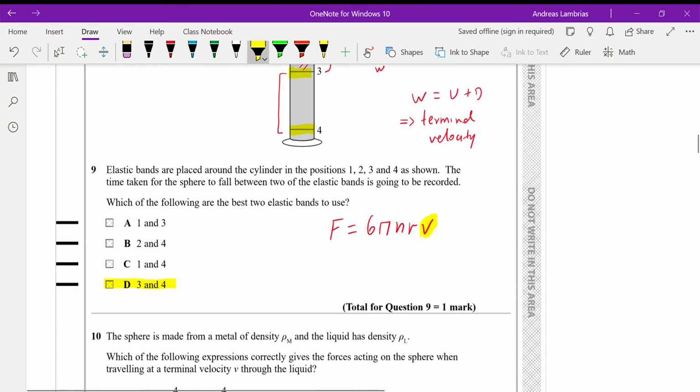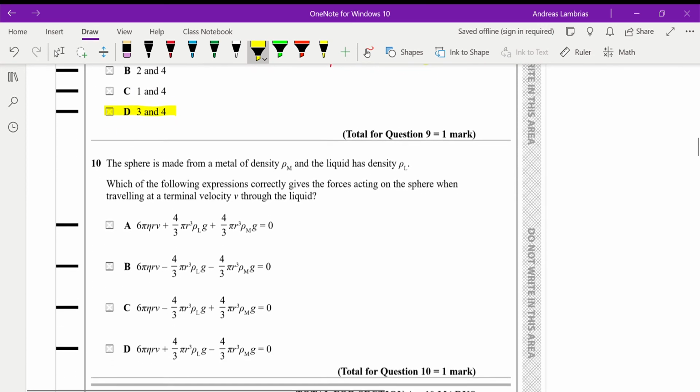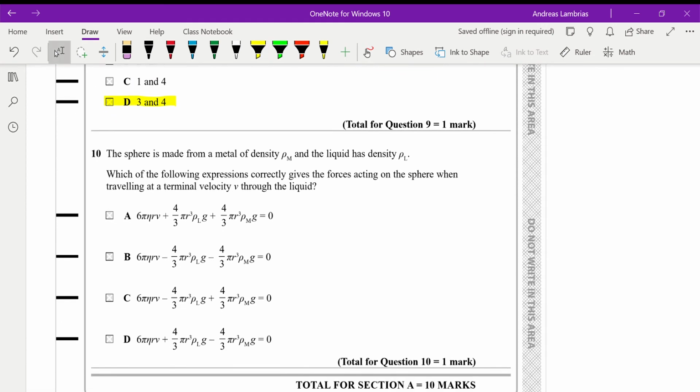And this is something similar to what is being asked in question 10. The sphere is made from a metal of density R and a liquid of density R liquid. Which of the following expressions correctly gives the forces acting on the sphere when traveling at a terminal velocity v through the liquid?